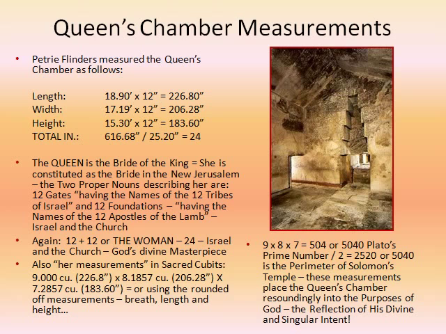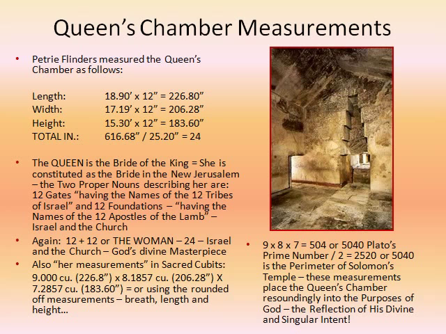Its height was 15.30 feet, times 12 inches would equal 183.60 inches. Its total inches were 616.68 inches, divided by the sacred cubit measurement of 25.20 inches, will equal 24.